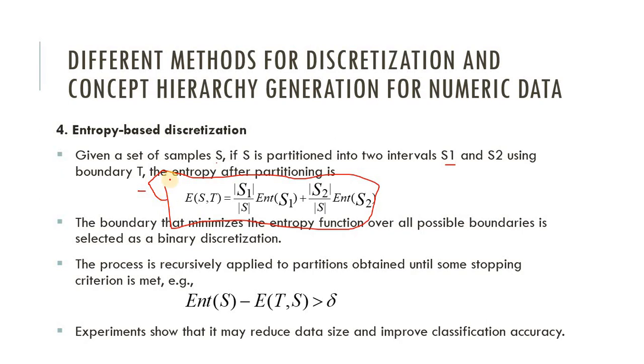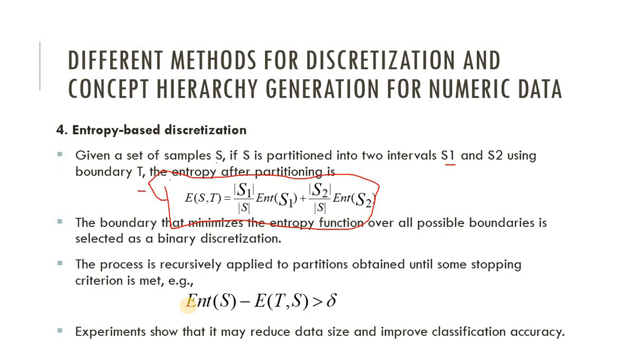If you want to use the entropy-based discretization technique, we just put all our numeric data into that equation so that we can find the entropy and the boundary that minimizes the entropy function. All possible boundaries are selected by binary discretization. The process is recursively applied to the partitions obtained until some stopping criterion is met.